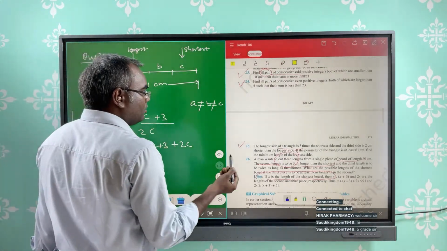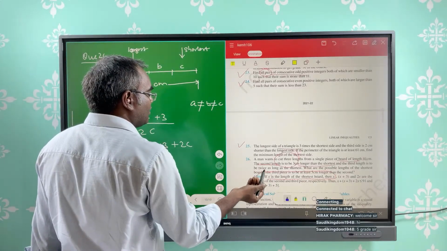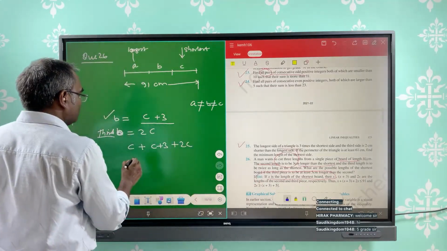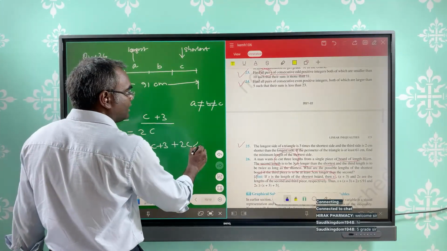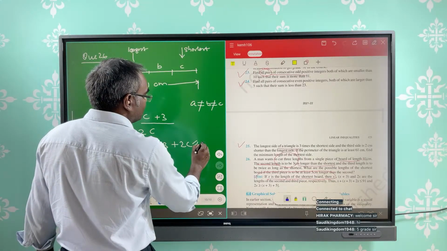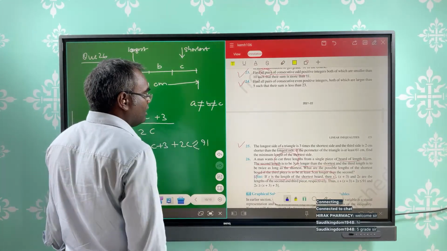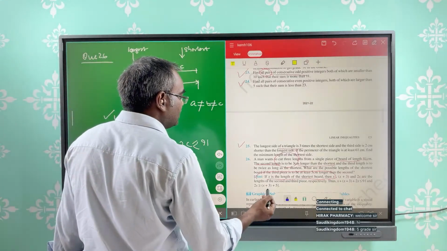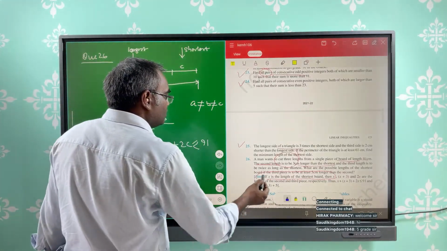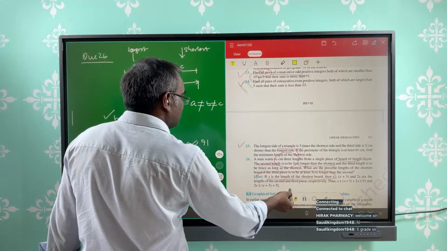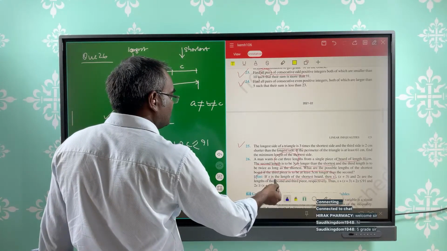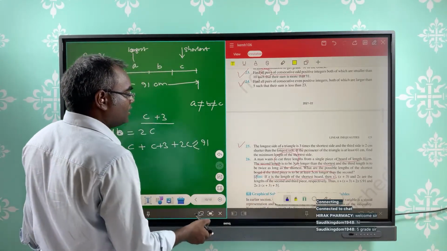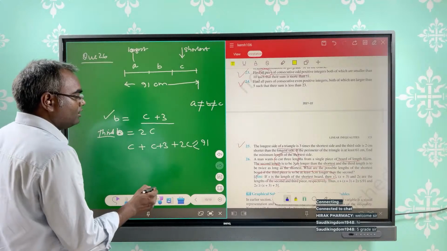So now we have to follow the inequality, that is x plus x plus 3 plus 2x should be less than or equal to 91, right? And the second inequality is given: what are the possible lengths of the shortest board if the third piece is to be at least 5 centimeters longer than the second.